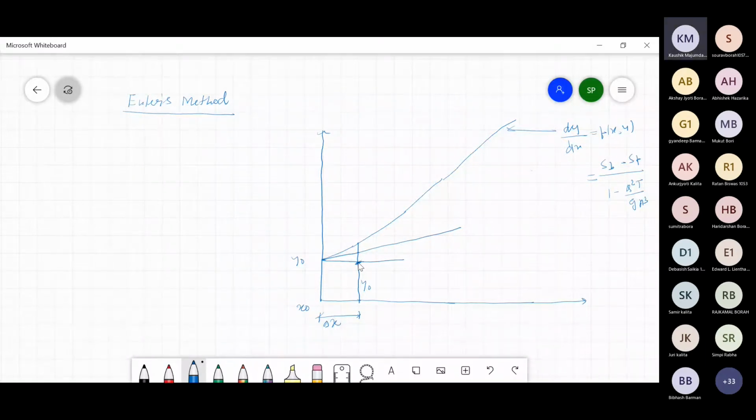Yes, sir. This height is delta y, delta y up to this much. So what does Euler's method do?